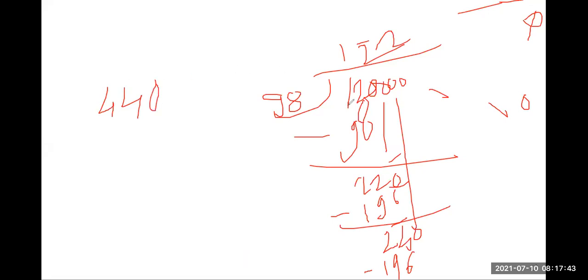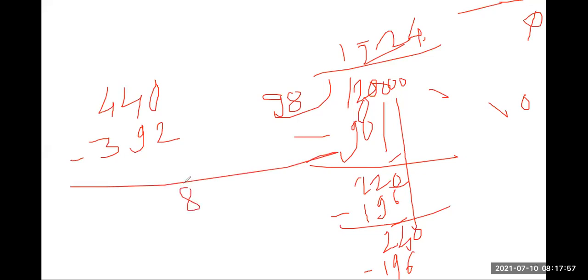Now 98 table you have to make it. In that we will get 98 fours are 392. Here 8 remain. Now it's possible to us divide by it? No. Then we can take here 48.